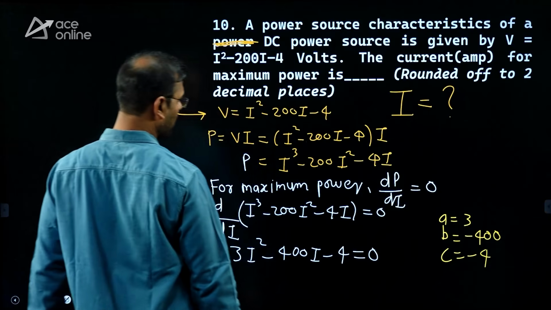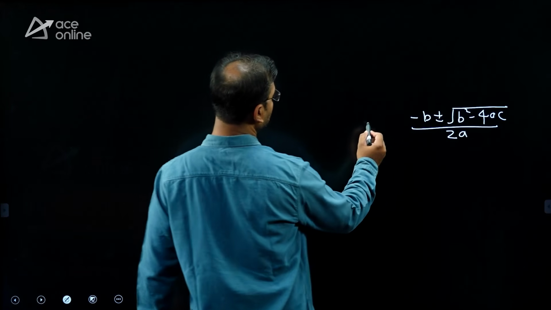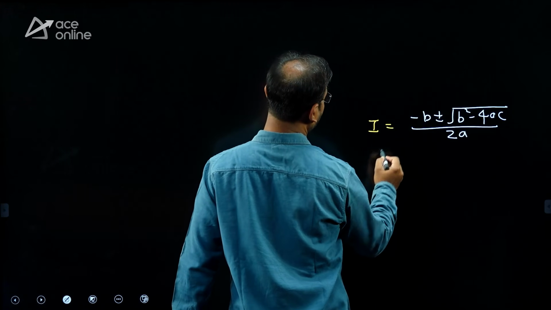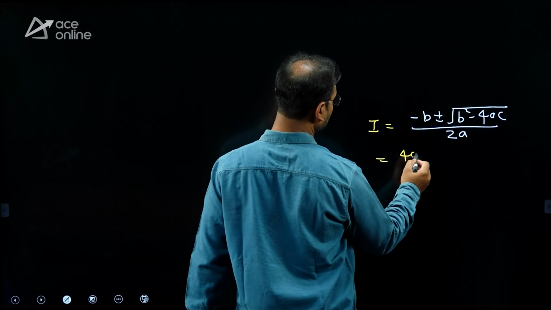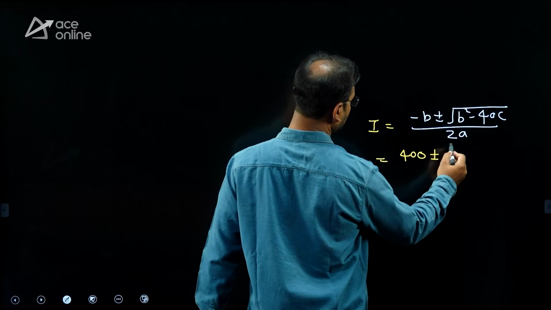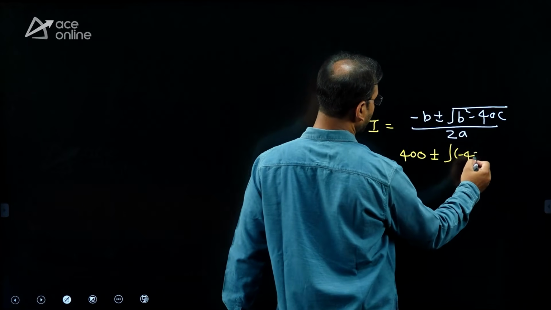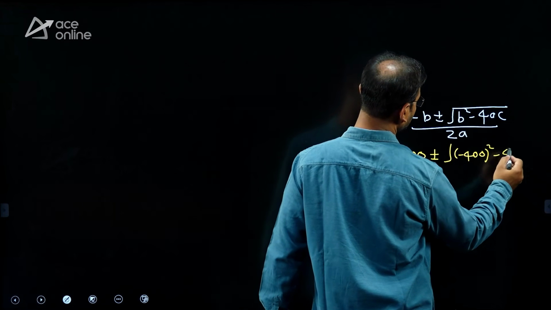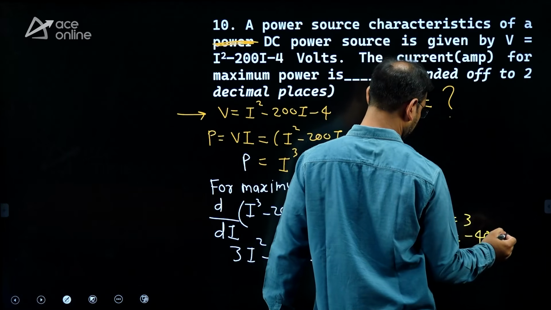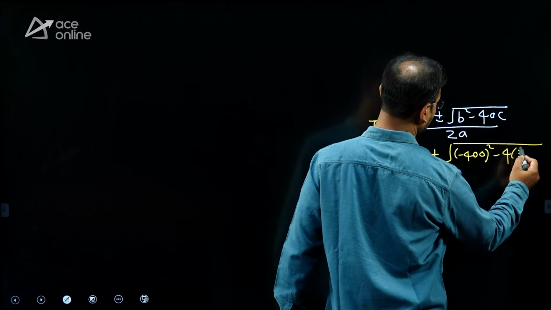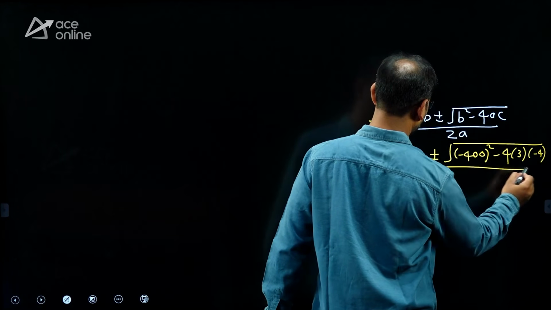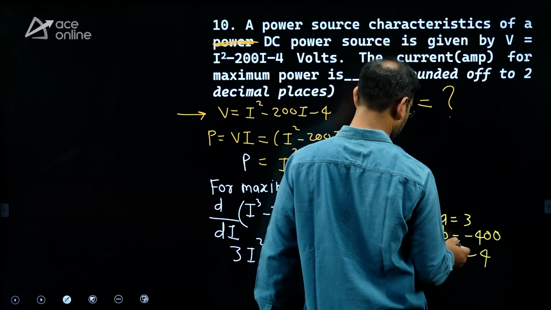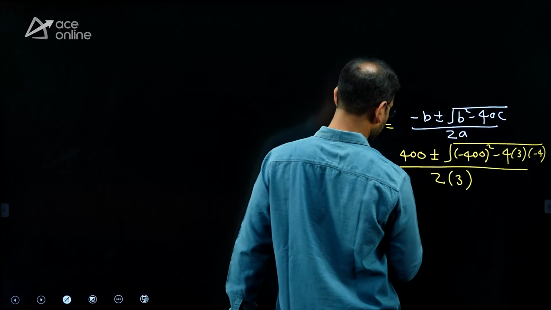Do the calculation, put it in the formula. Minus b means plus 400, plus or minus the root of b square, minus 400 square, minus 4AC, where A is 3 and C is minus 4, divided by 2 into A, that is 6.